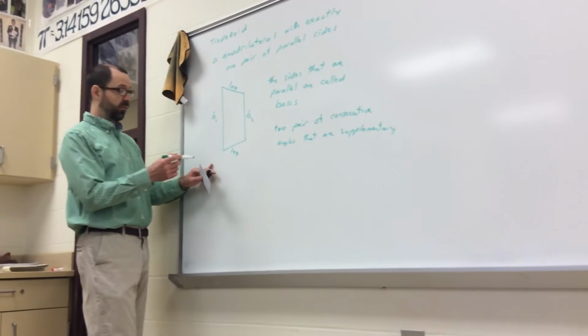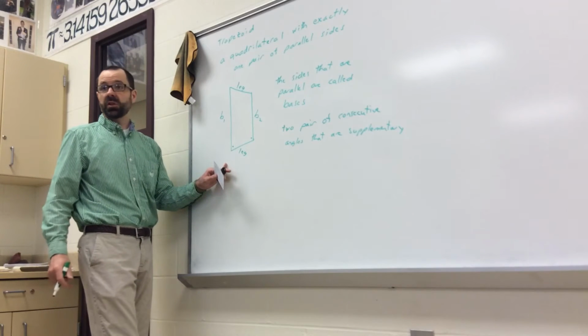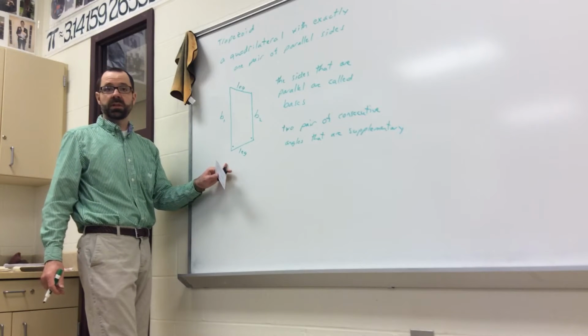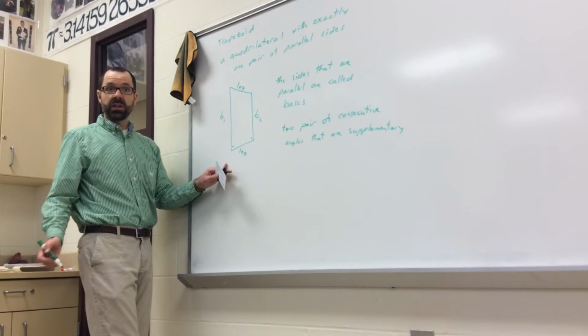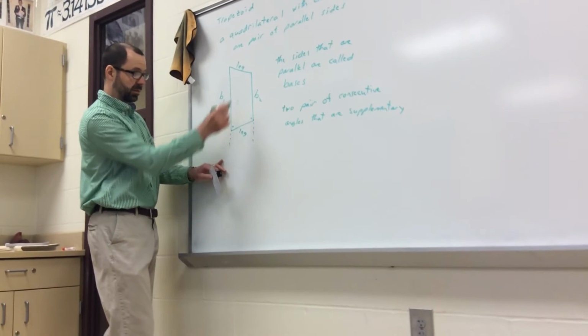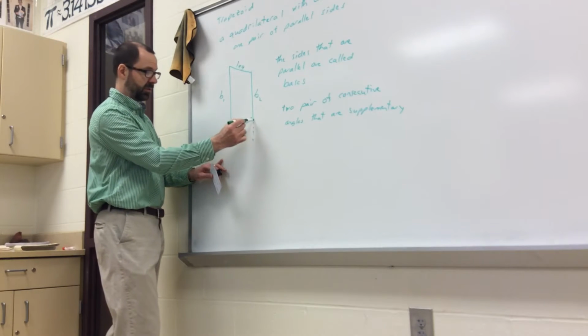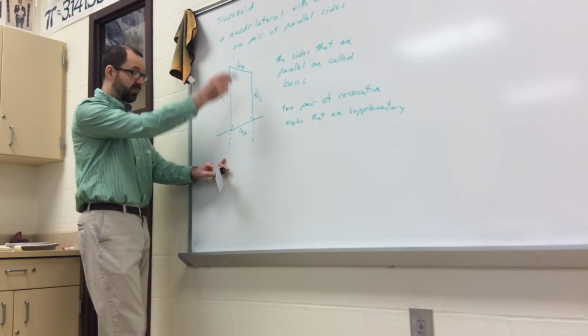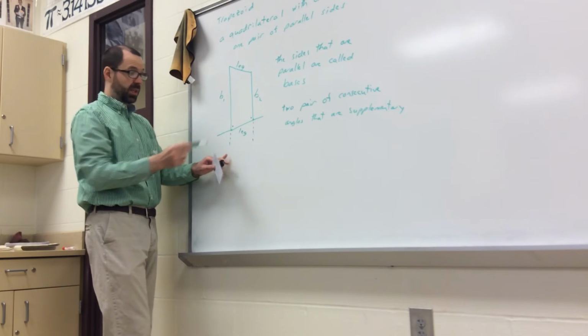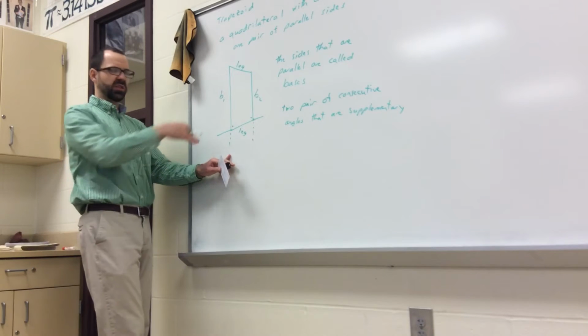And the consecutive ones are this one and this one. Those add up to 180. And the reason that's true is because there are two parallel lines here cut by this transversal. And when you have parallel lines cut by a transversal, the consecutive interior angles are supplementary. So this is not new stuff.